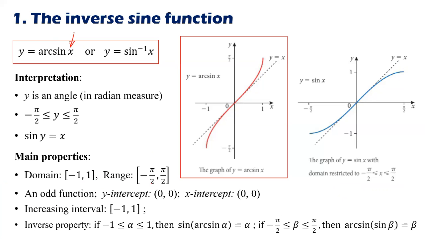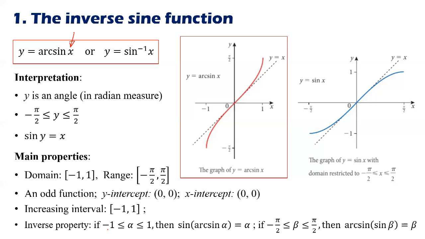Second, the range is -half pi to +half pi, as we have just said. Third, this is an odd function because it's just inverse sine. Sine is an odd function, so inverse sine is also an odd function. The y-intercept is (0, 0). The x-intercept is also (0, 0). The increasing interval is -1 to +1. So this is an increasing function.